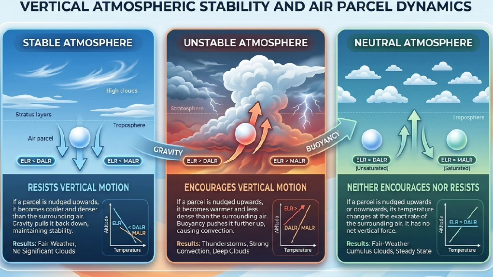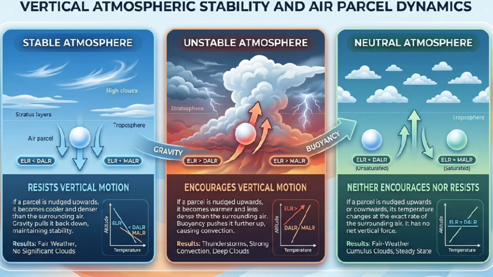Unstable conditions are often associated with intense weather events because rising air cools and condenses, forming large clouds and releasing latent heat that further strengthens the upward motion. This process plays a key role in the formation of severe storms and convection systems.